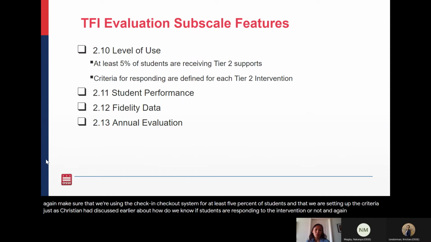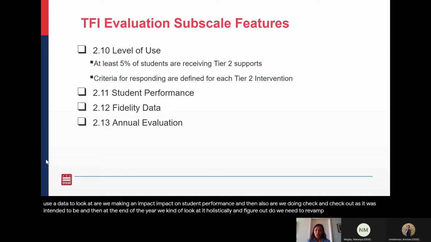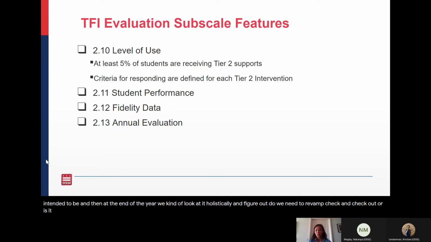And again, it's important to use the data to look at, are we making an impact on student performance? And also, are we doing check-in, check-out as it was intended to be? Then at the end of the year, we look at it holistically and figure out, do we need to revamp check-in, check-out, or is it successful and effective as we are currently implementing it?